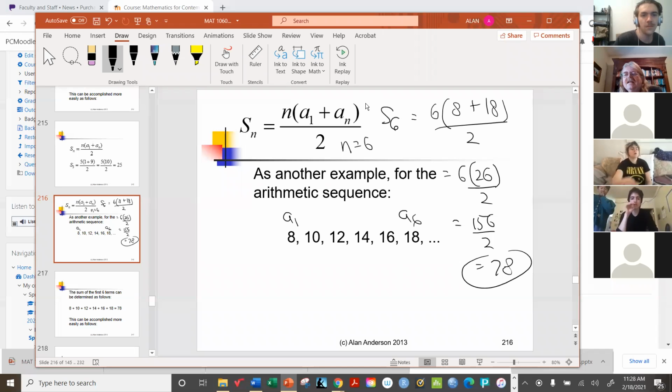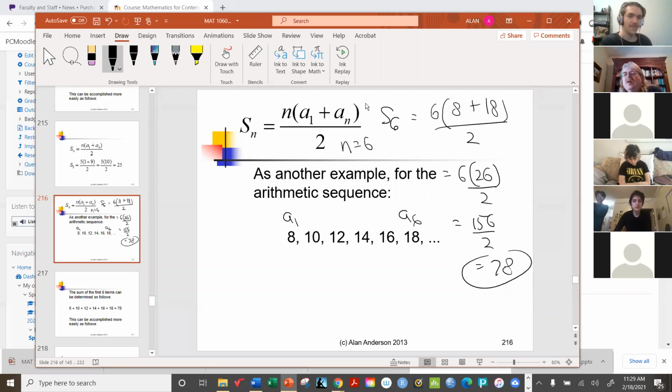I'm a little confused. Okay, go ahead. I'm just a little confused where you're getting the 6 from. Is that because you just randomly chose the 6? Suppose that for some reason we need to know the sum of the first 6 terms. I could have just as easily asked for the first 4 or the first 3 or the first 7.